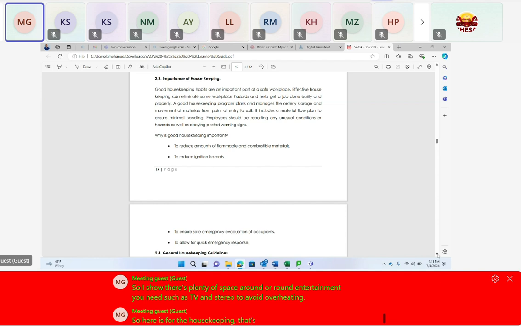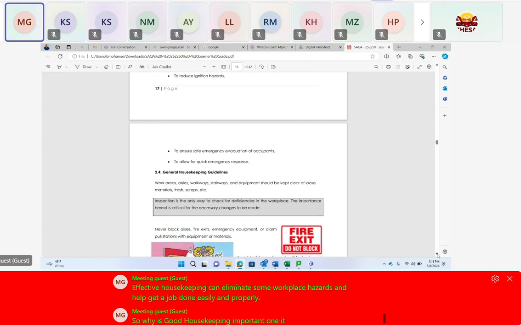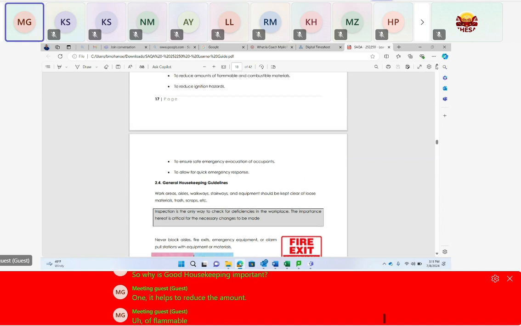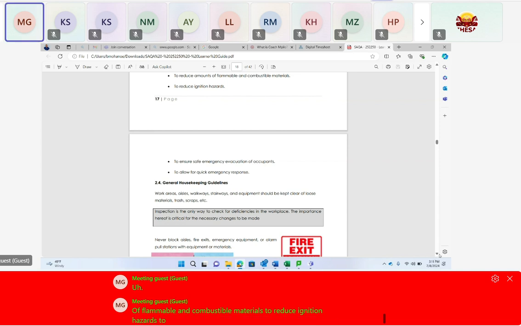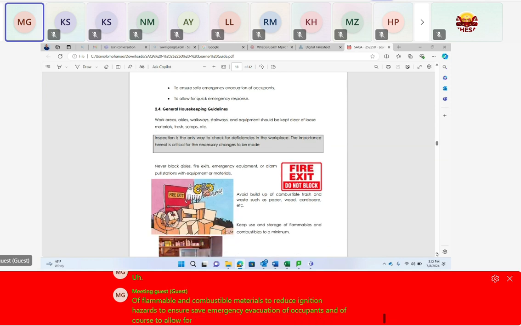So here is housekeeping. Good housekeeping habits are an important part of a safe workplace. Effective housekeeping can eliminate some workplace hazards and help get a job done easily and properly. So why is good housekeeping important? One, it helps to reduce the amount of flammable and combustible materials, to reduce ignition hazards, to ensure safe emergency evacuation of occupants, and of course to allow for quick emergency response.